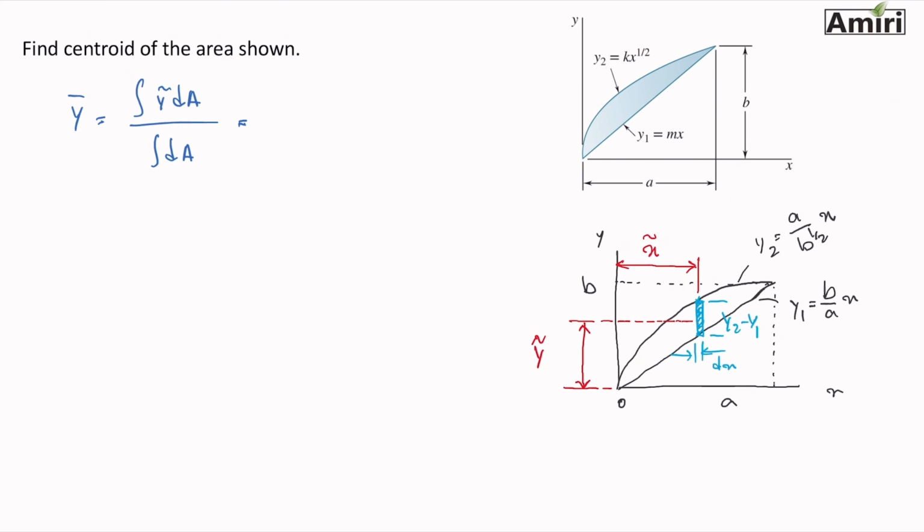As a result, this will be 1 over 12 a b squared over 1/6 a b. This one just will be b over 2.